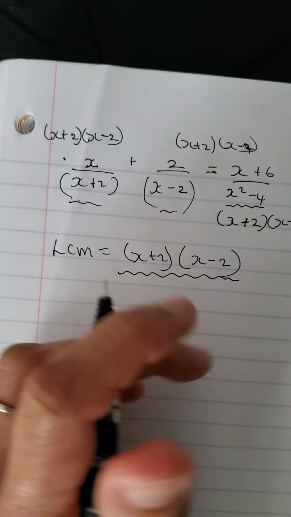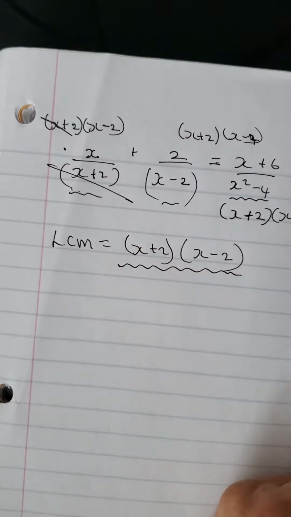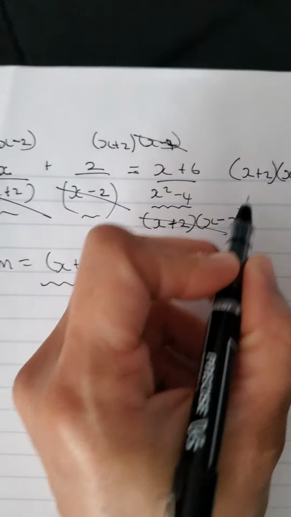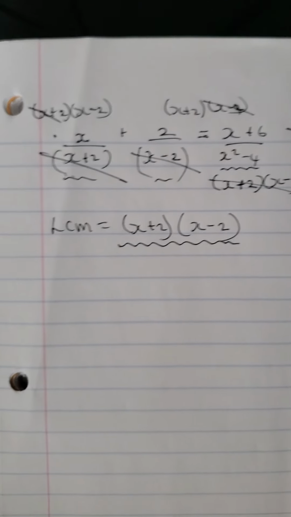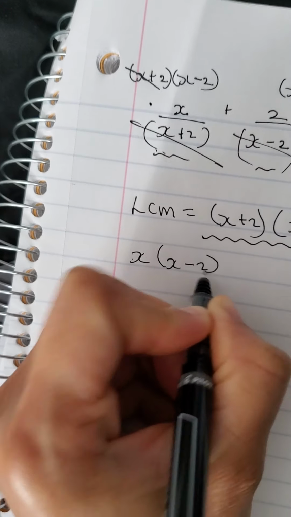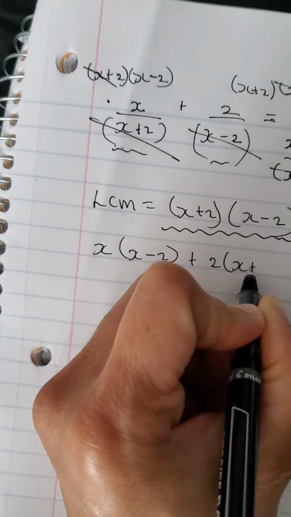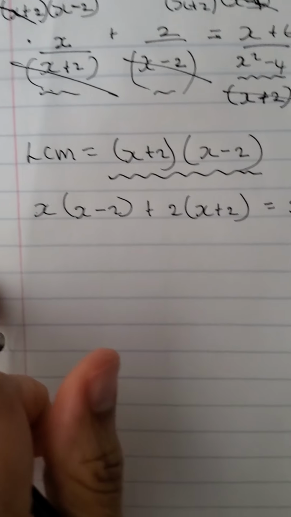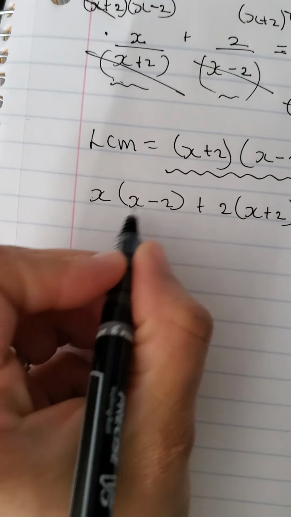So obviously here the x plus 2 factor cancels, the x minus 2 factor cancels, and here the entire factor cancels. So we're left with x times x minus 2 plus 2 times x plus 2 equals x plus 6. I'm going to apply distribution on this side of the equation.